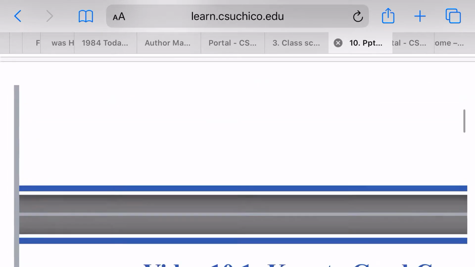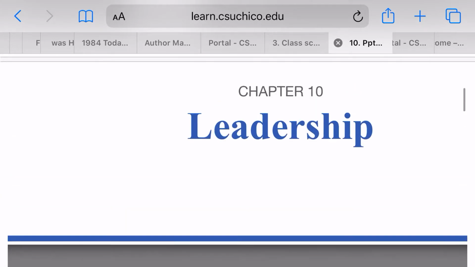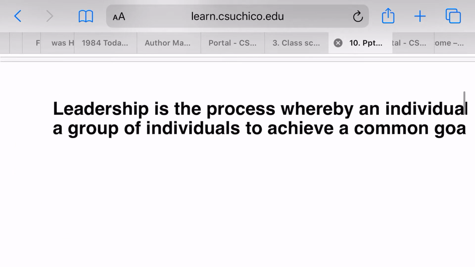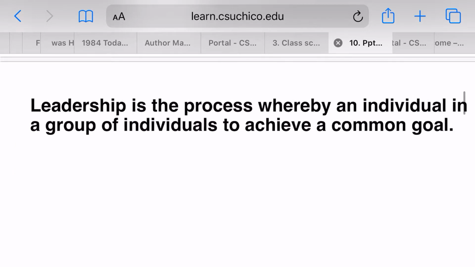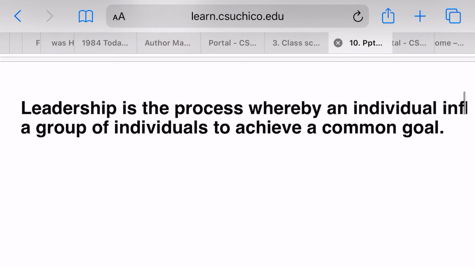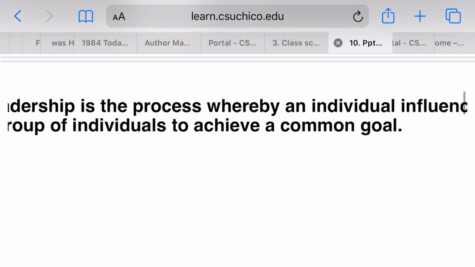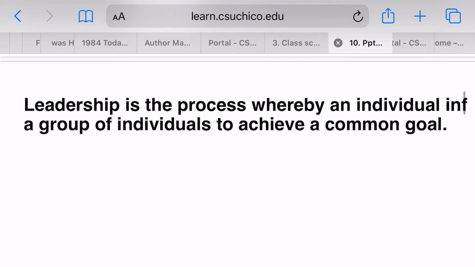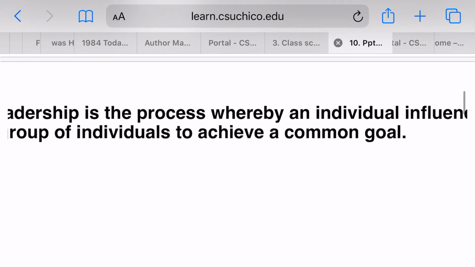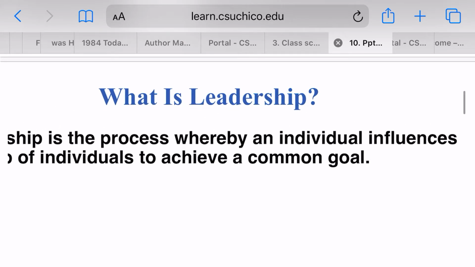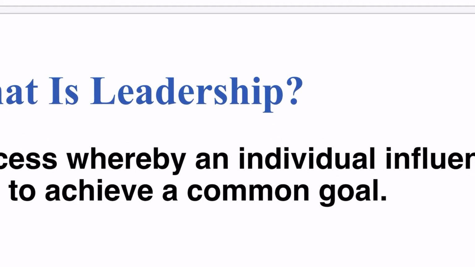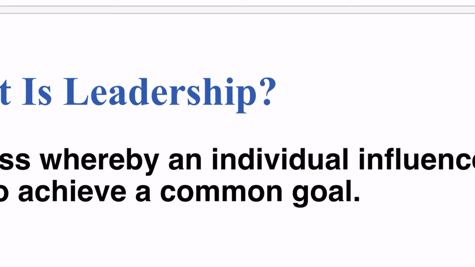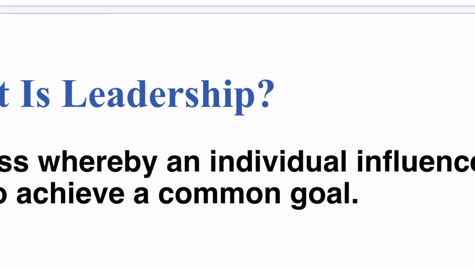And a couple things as we finish up is big picture, the definition that the textbook really likes is the process whereby an individual influences a group of individuals to achieve a common goal. So we've got the common goal, which doesn't necessarily have the values piece, but that it is something that is held in common.